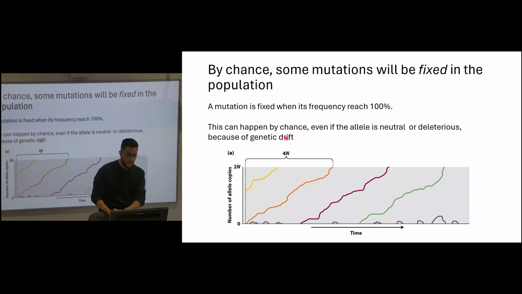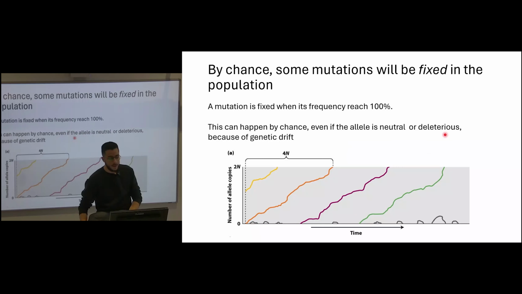There's also something else that happens by chance. Well, not really by chance, but not really well understood, which is that some mutations actually reach a frequency of 100% in the population. This happens through many different mechanisms that together we just call chance, because we don't know how they come together.